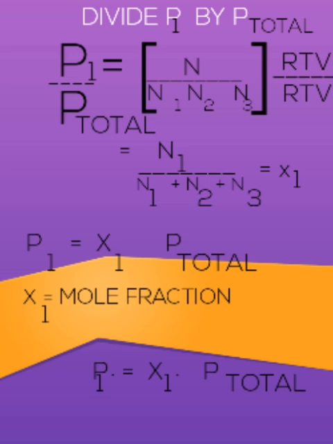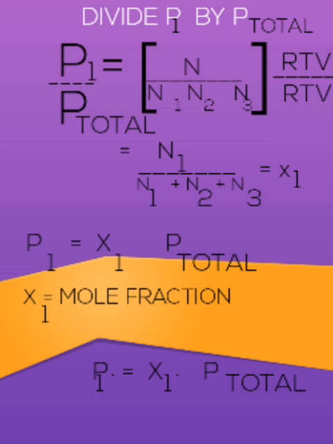The next step, we are dividing P1 by P total. So, P1 by P total will be equal to n1 divided by n1 plus n2 plus n3 multiplied by RT by V by RT by V. So, finally, P1 by P total will be equal to n1 divided by n1 plus n2 plus n3, where n1 divided by n1 plus n2 plus n3 is equal to chi1, and chi1 is the mole fraction of gas 1.